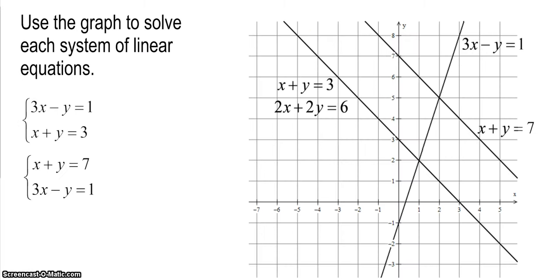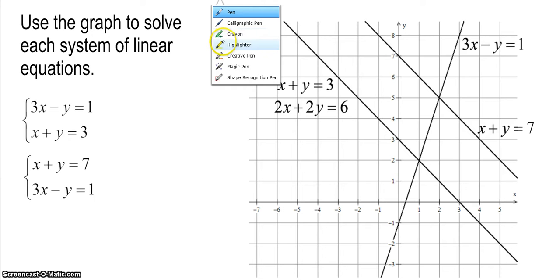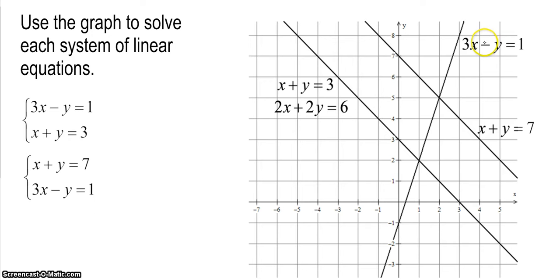So for our first example, we're going to use this graph to solve each linear system of equations. What we're given here is an equation, 3x minus y equals 1.